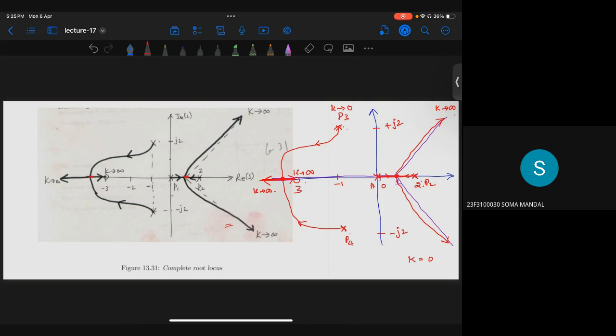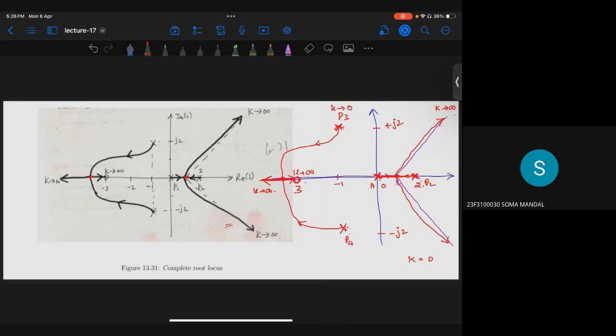Okay, so if you simply follow these steps I have given in the notes, you'll get this plot. So first you have to practice drawing the root locus properly. Now you could see here at k is equal to 0, the root locus is starting at these poles, and as k is tending to infinity, it is reaching the zeros at infinity and this zero.